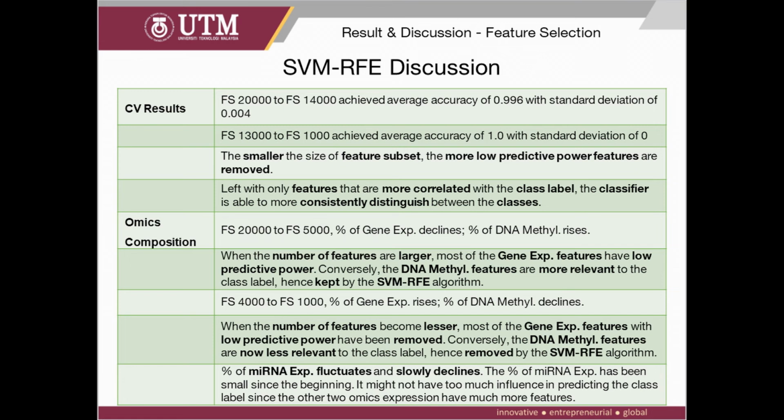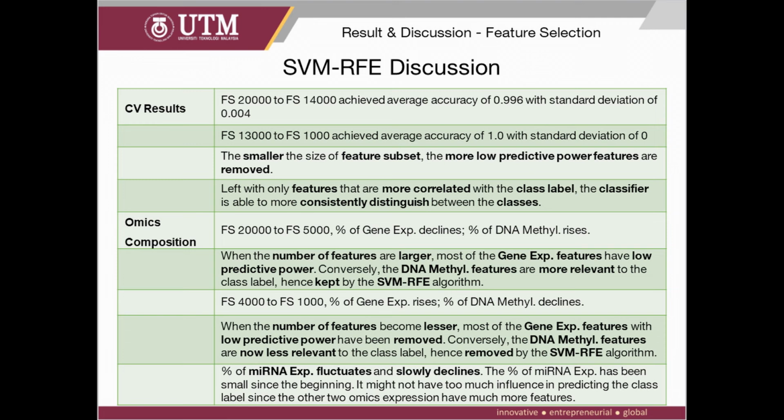For the omics composition, when the number of features are larger, most of the gene expression features have low predictive power. Conversely, the DNA methylation features are more relevant to the class label, which is why they are kept by the SVM-RFE. On the other hand, when the number of features become lesser, most of the gene expression features with low predictive powers have been removed.